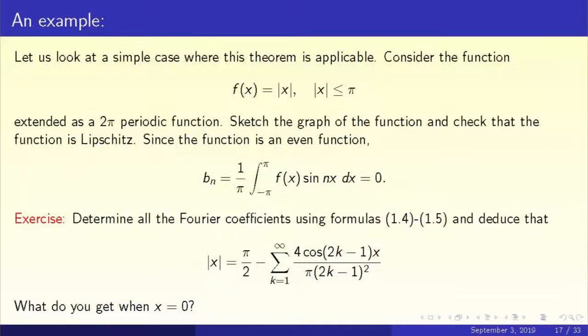The answer is pi squared by 8. So that's a very instructive example to work out. So I leave it to you to carry this to completion, and please calculate the Fourier coefficients and obtain this formula that appears on the slide.